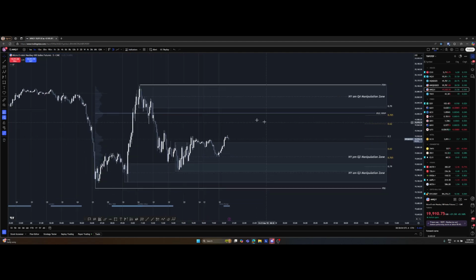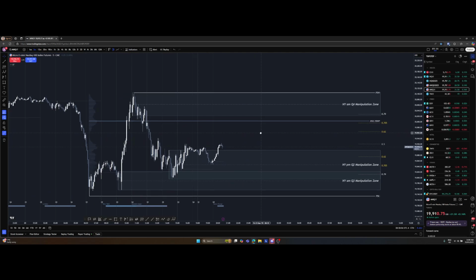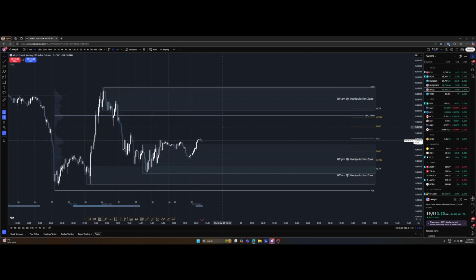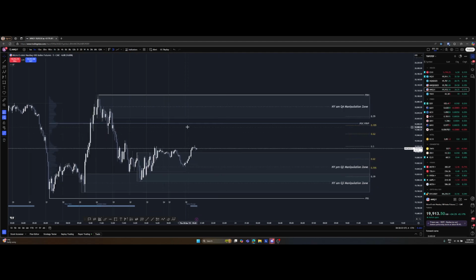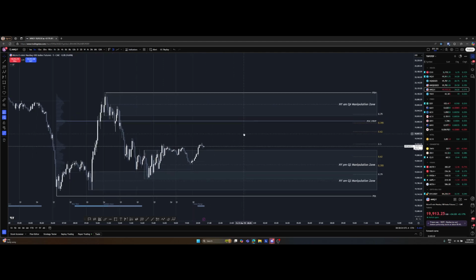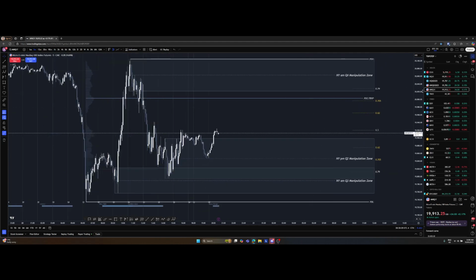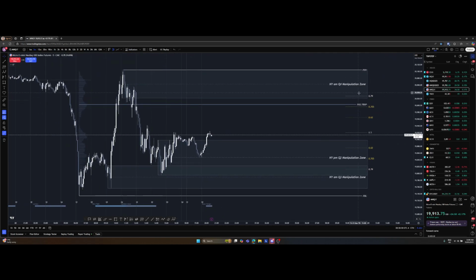Bring these candles back to the front. It's just swept. What time are we on now? 8:30. And we're in Q2 of Asia at the moment. So here's our daily setup.